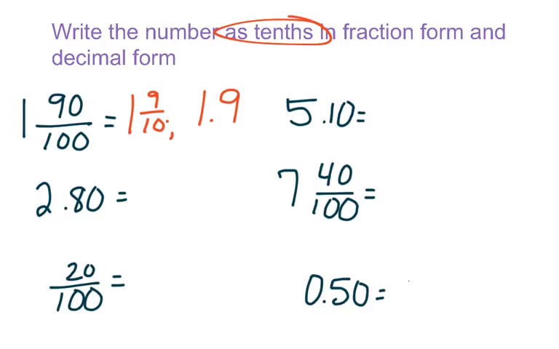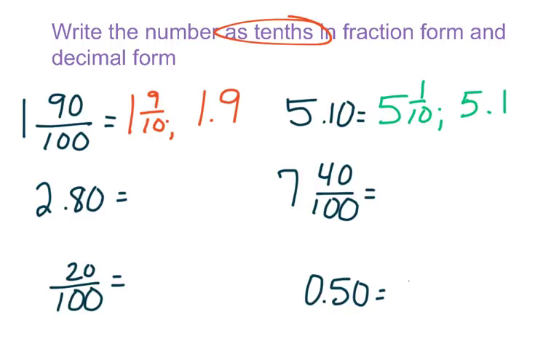For 5/10, I'm going to go ahead and rewrite this as a decimal and as a fraction in tenths, and I have 5 10 hundredths right now. So I would have 5 1/10 and 5 1/10.